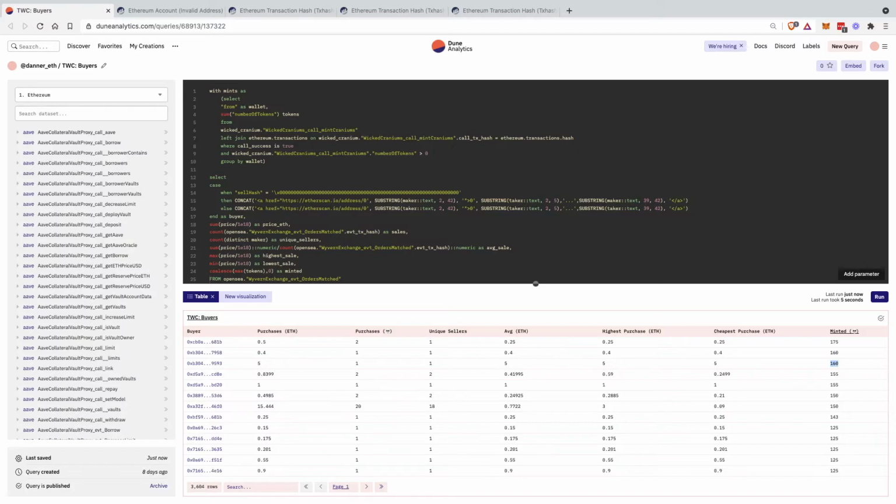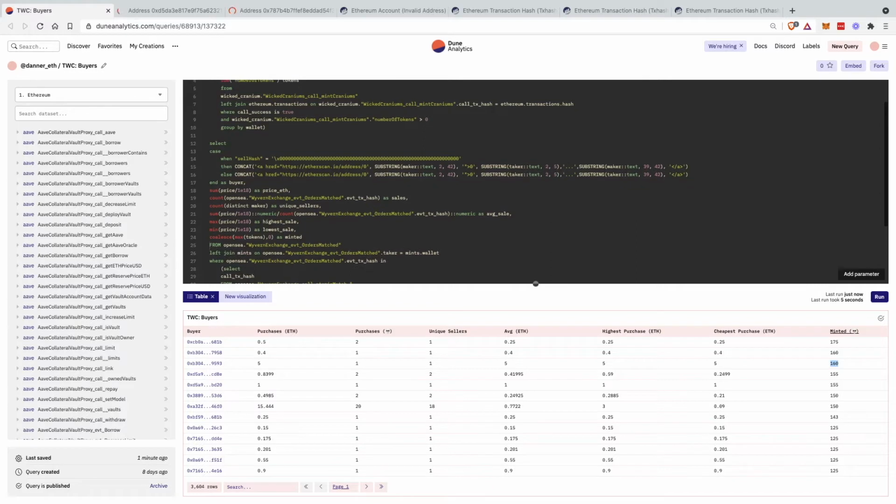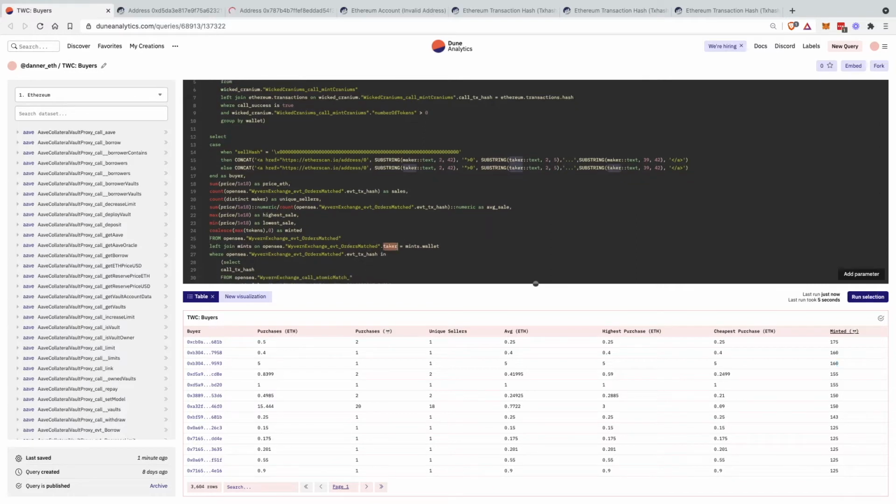So let's go look at these accounts. And yeah, we're gonna have to worry about our join too, because I think that these two purchases are actually from the account that minted 160.